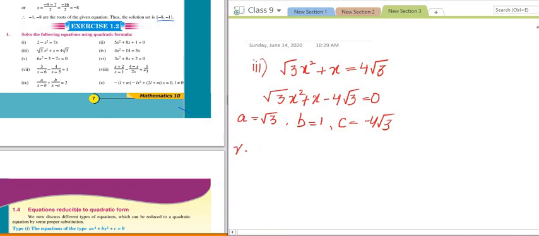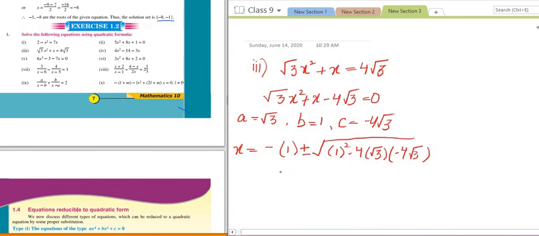Just apply the quadratic formula, minus b plus minus square root of b square minus 4ac over 2a.